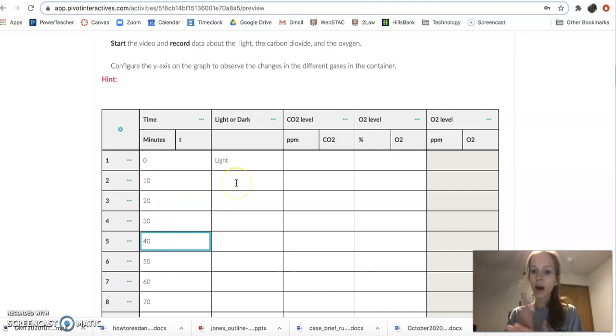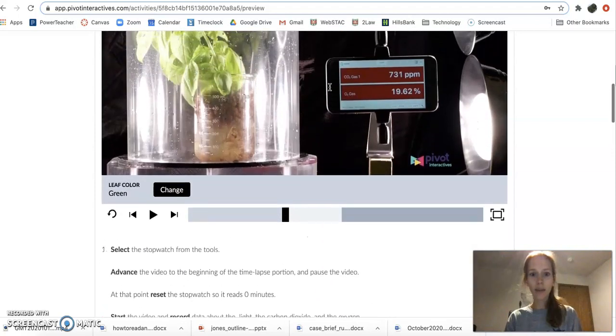So I need to be watching that stopwatch and pausing the video at 10 minutes, at 20 minutes, etc. Now the things I'm going to have to think about are, is it light or dark? It'll be obvious. What is the CO2 level, my units are ppm, and what is the O2 level, my units are percent? So if we're at 0 minutes, we can already collect this data here. So let's scroll up.